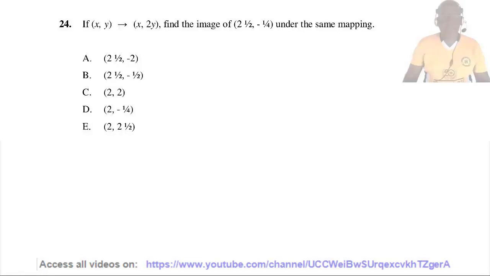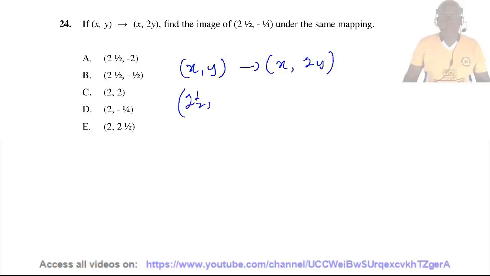Question 24. If x, y maps into x, 2y, find the image of (2.5, minus a quarter) under the mapping. x, y maps into x, 2y. So we have to find the image of 2.5, then minus a quarter. x equals 2.5, so we shall get 2.5 over here.